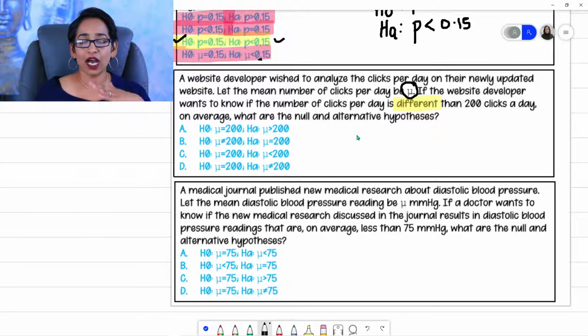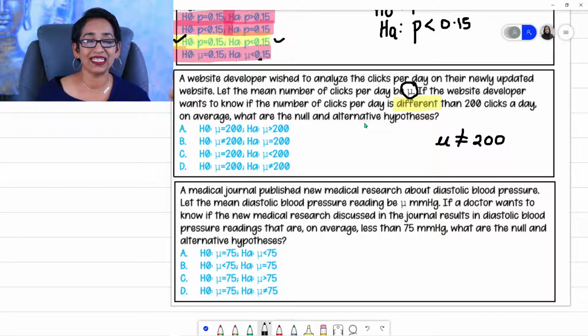Okay, so I will always start with the claim. So here, what are they doing? They say if the website developer wants to know if the number of clicks per day is different. So they want to know if the average clicks are not equal to 200. When they say different, different means not equal to, right? When it's not equal to, by default, it is HA. You know that by now, right? What is my H naught?